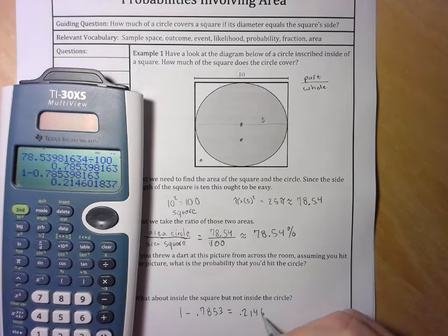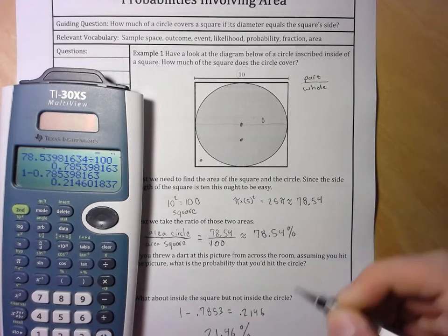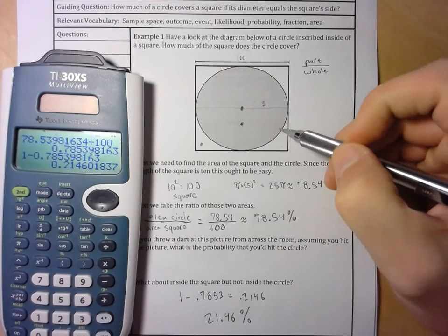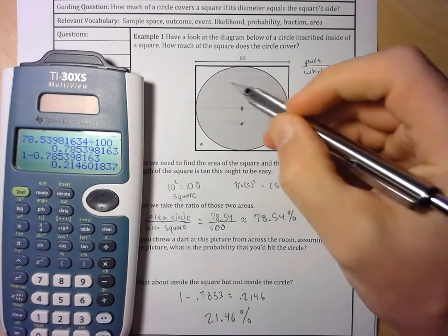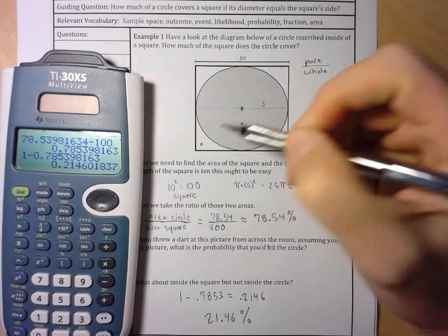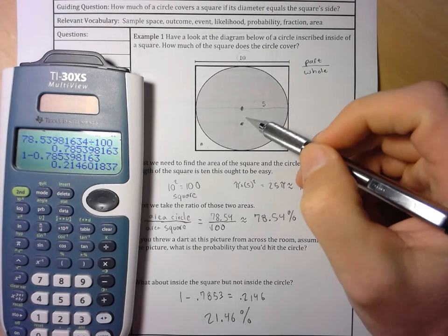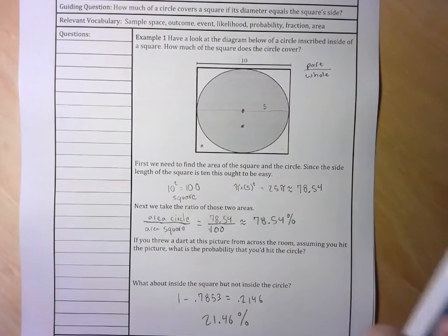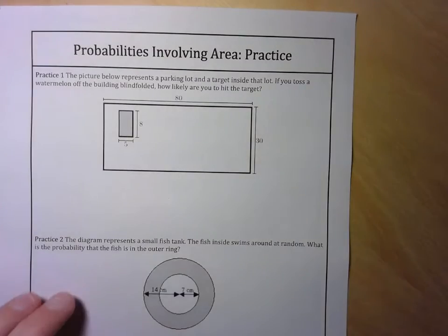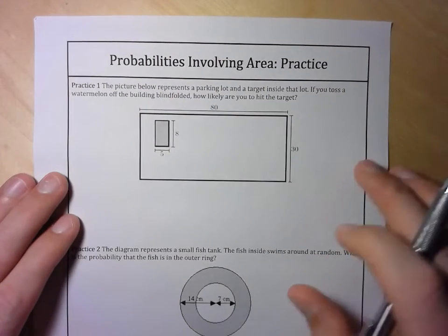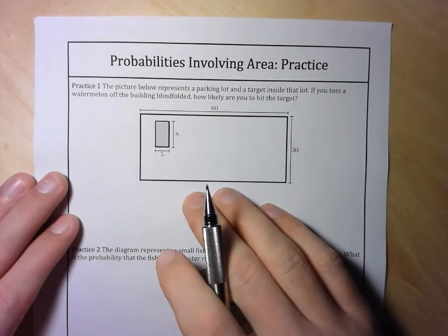So there is a 21.46% chance that we would land in these white spaces, and a 78% chance that we would land in the shaded area. And that is all there is to do. You take the area of the whole and divide it by the part that you're interested in.